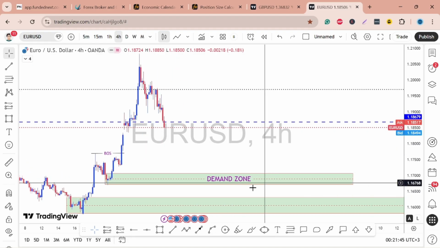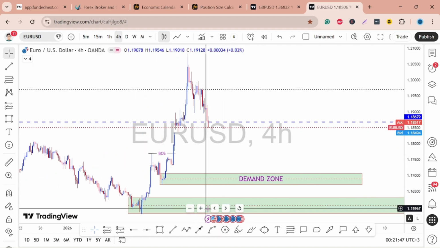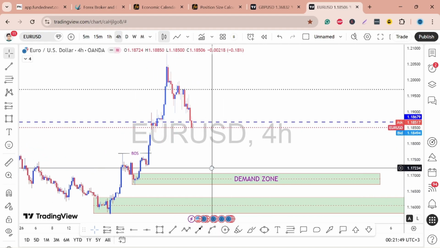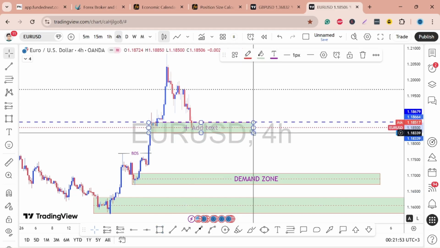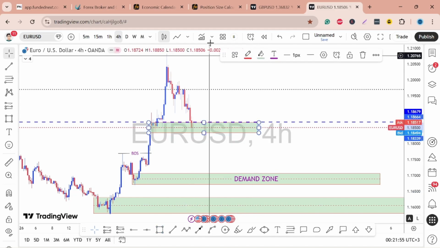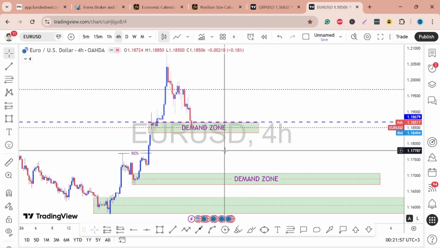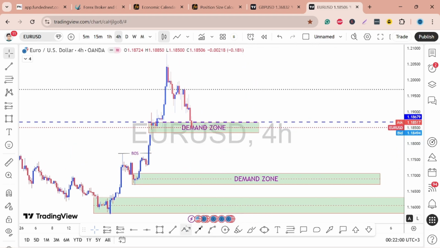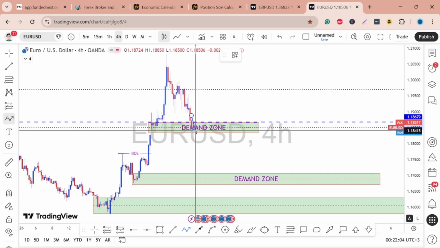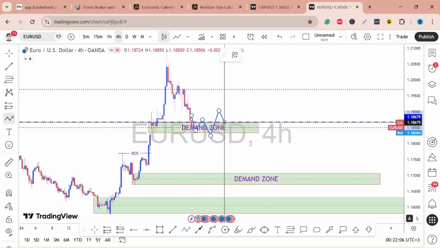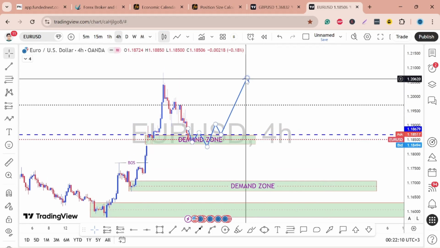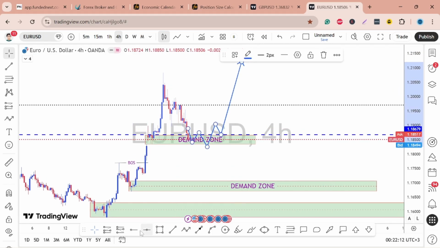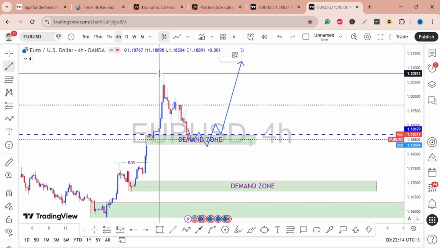If this level is able to hold the price, then it means we are reacting at a point of demand right now. Price is reacting on an area of demand. If this demand zone is able to hold the price, then we might see a bullish move to break this level here, going up. Remember, price is still bullish, very, very bullish.